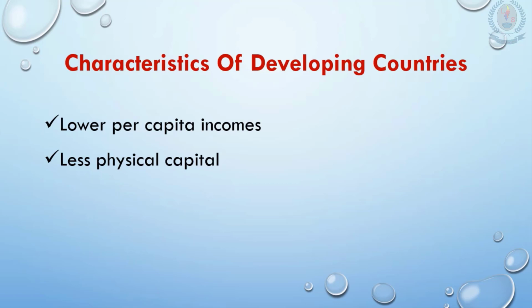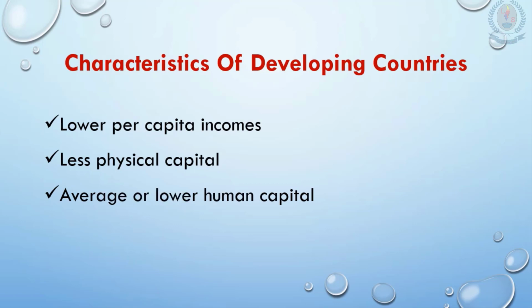Developing countries have less physical capital per capita than developed countries. This means there is less infrastructure such as roads, offices, hospitals and even schools. The quality and the quantity of education and also other infrastructure facilities are comparatively less than a developed country.